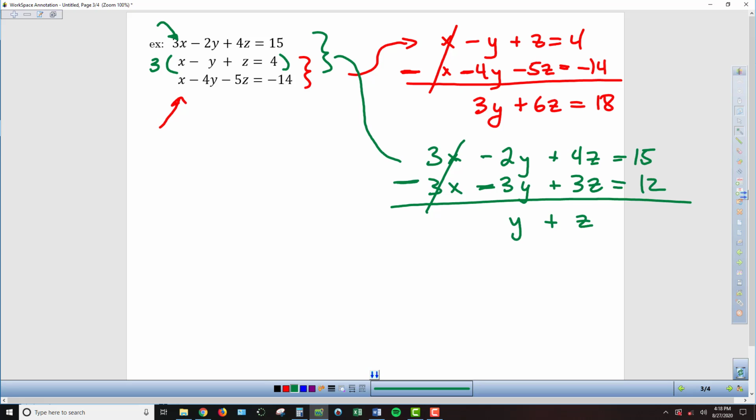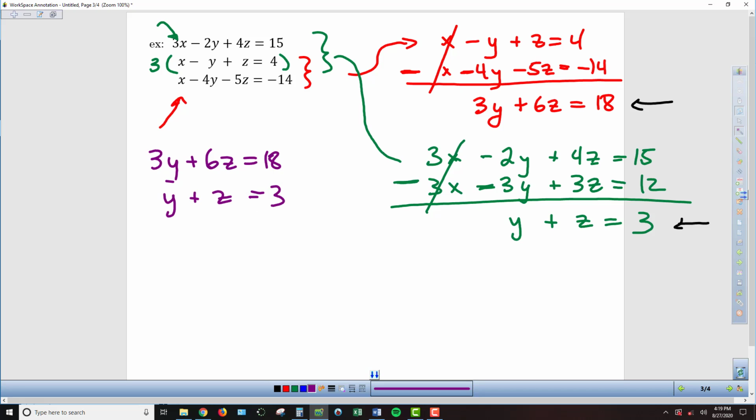And then finally 15 minus 12, so we get 3. And so now we've gotten to a place where we have 2 equations with the same 2 variables y and z. So just like we did before, I'm going to port over here, and so we've got 3y plus 6z equals 18. I've got y plus z equals 3.